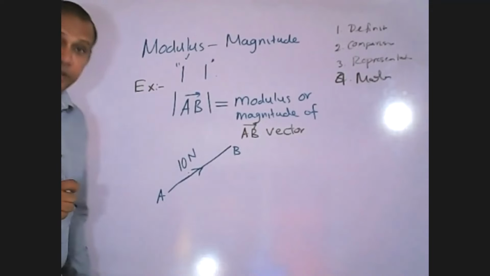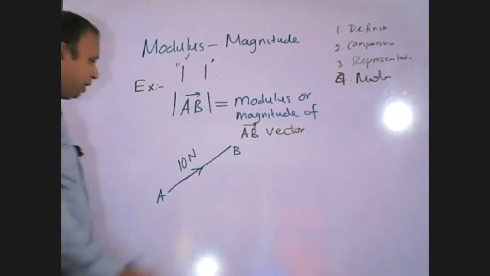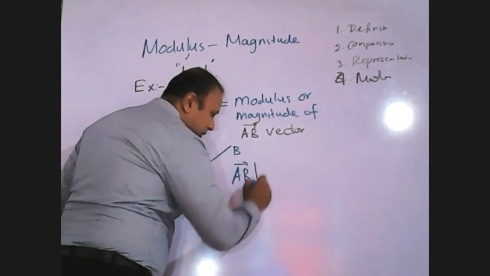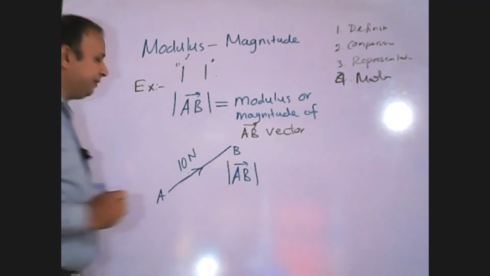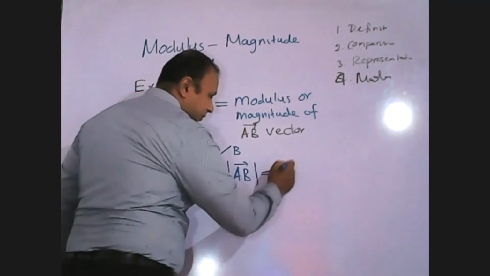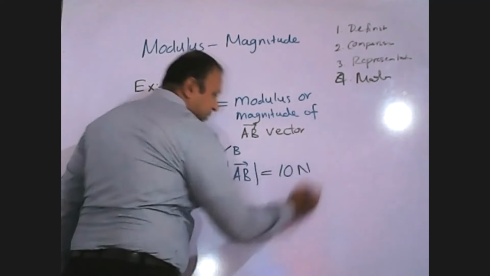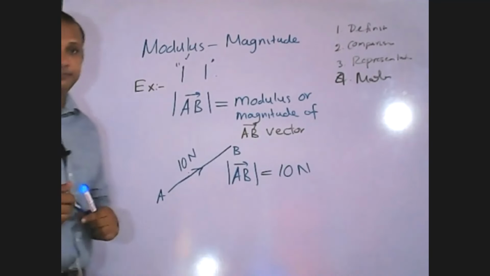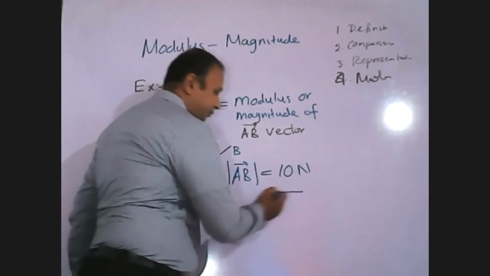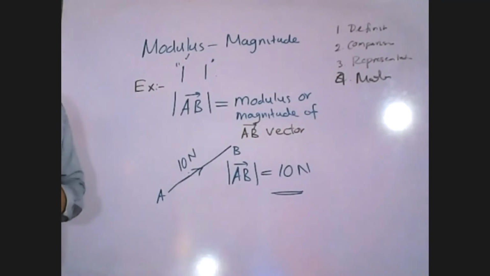So the magnitude of the vector AB, or the modulus of the vector AB, is equal to 10 Newton. 10 Newton is the magnitude of that vector. You will write this example too.